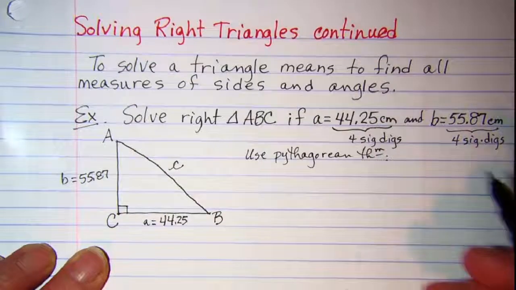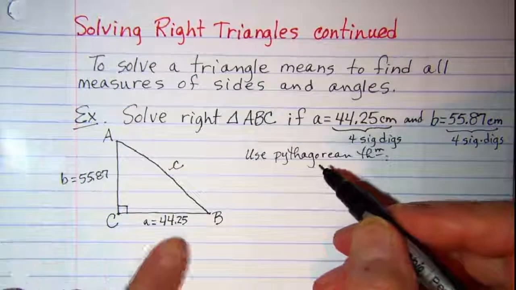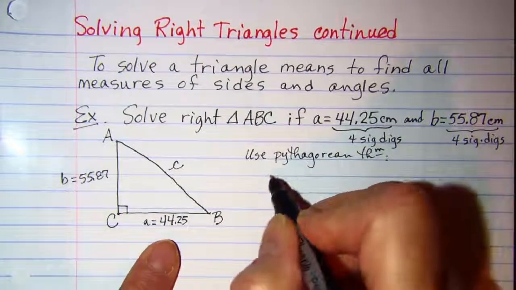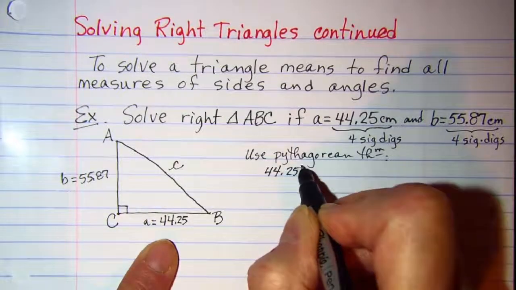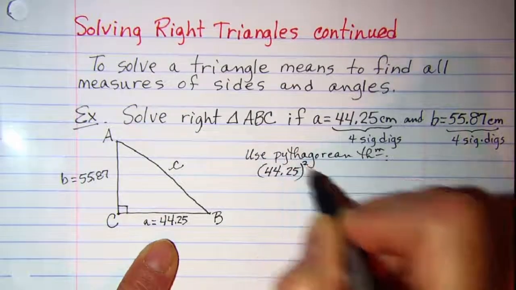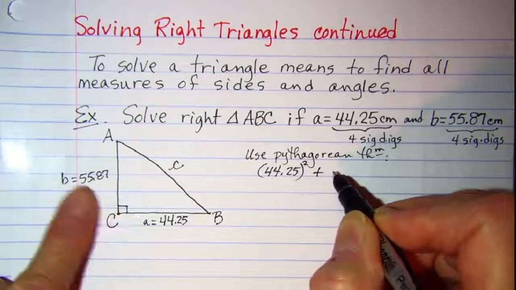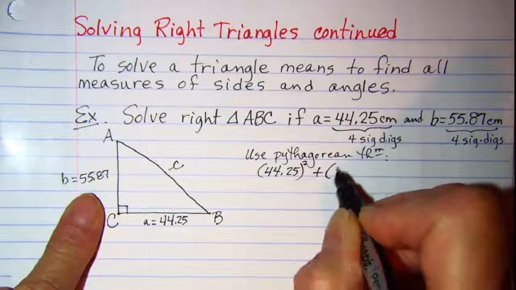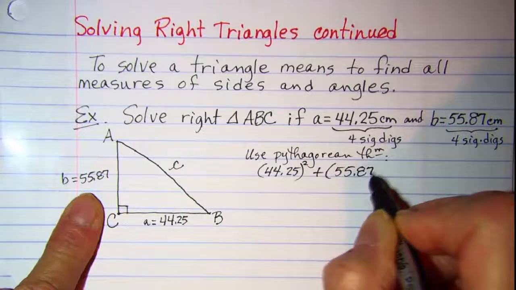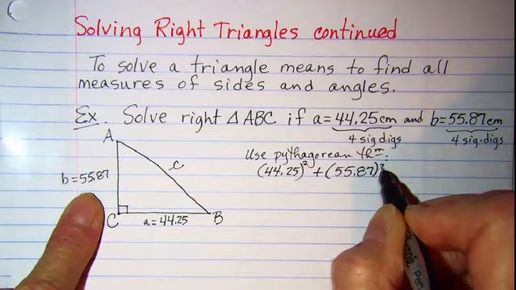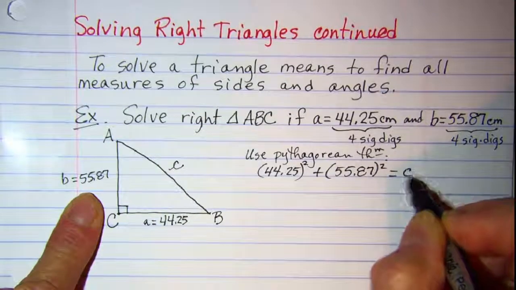So let me write that. 44.25 squared added to 55.87 squared will equal C squared.